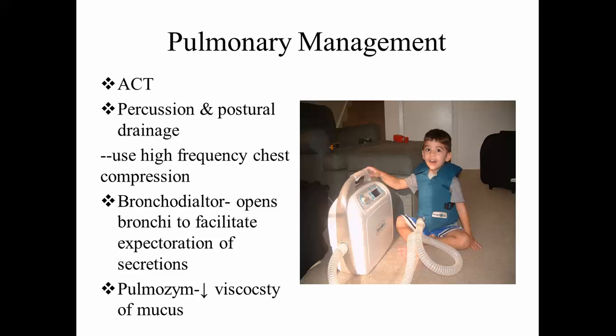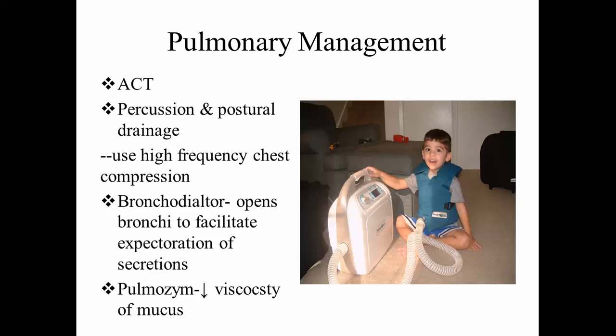And in our little picture here, this is a portable one that's used at home. A vest will be put on the child. They'll turn the on switch, and it's high frequency chest compression. So you turn it on and it vibrates and shakes and loosens up the secretions.